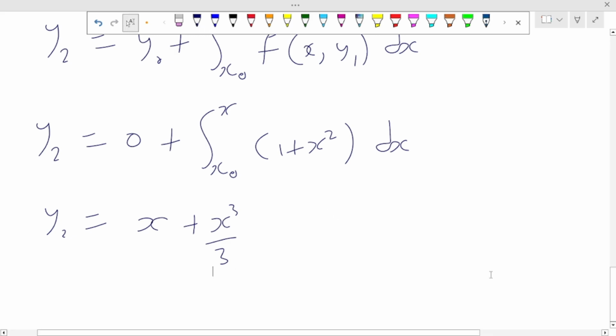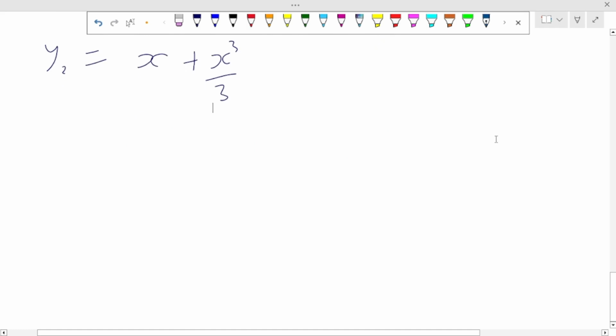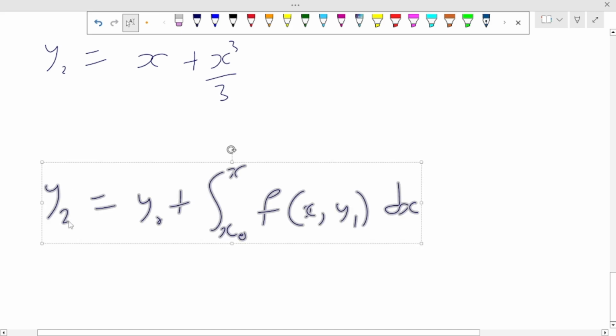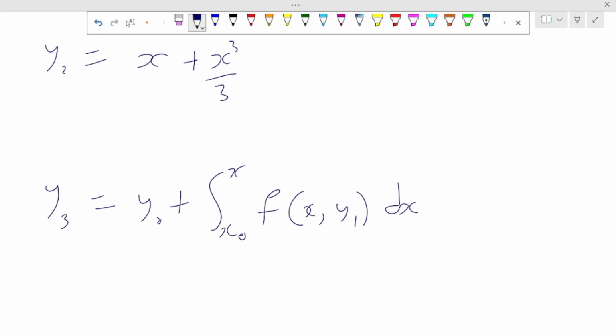This is for the second approximation. Then for the third approximation, we will have this. Here will be 2, here will be 3, that's indicating the third approximation. And then here will be 2.